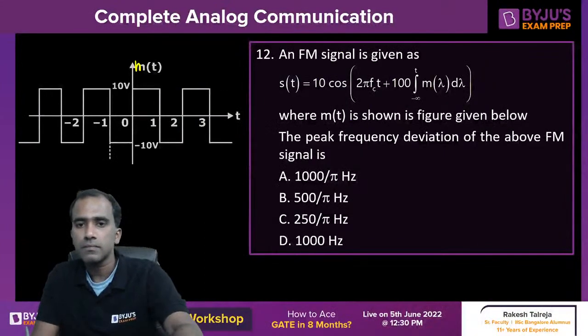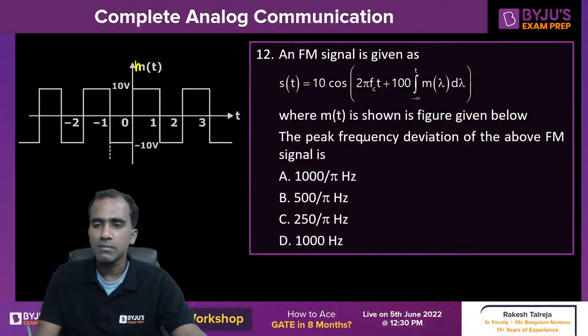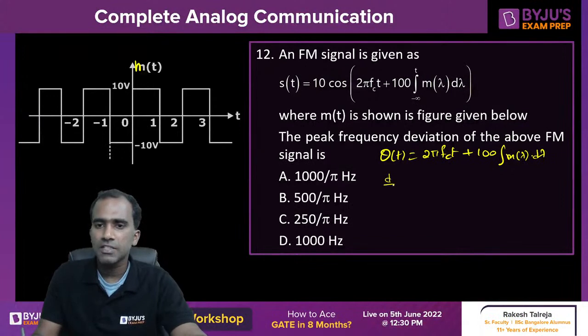Okay. So peak frequency deviation or maximum frequency deviation, it is the same thing. From this, let us write the angle. The angle is 2 pi fct plus 100 into the integration of m of lambda d lambda. Let's differentiate theta of t with time, which becomes 2 pi fc plus 100 into m of lambda.